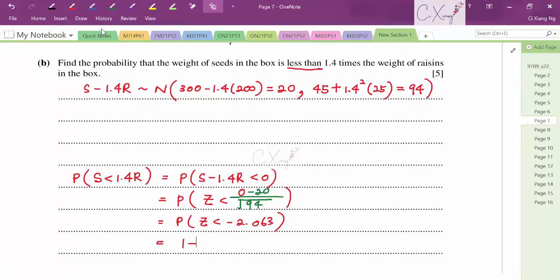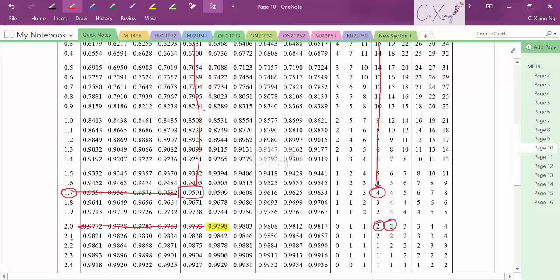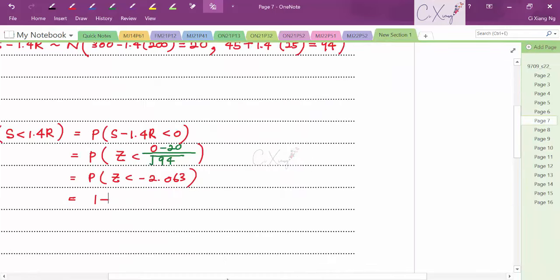So again, let's have a look at the table, 2.063. So where is my 2.0? This is the 2.0, 6 will be here, and 3 will be this one. That means I have to add one unit to the last digit. 9803 will become 9804.